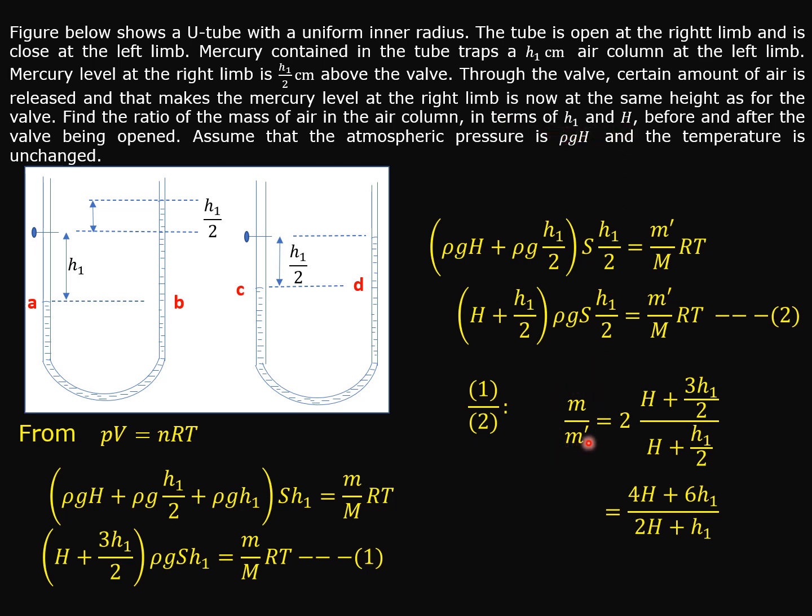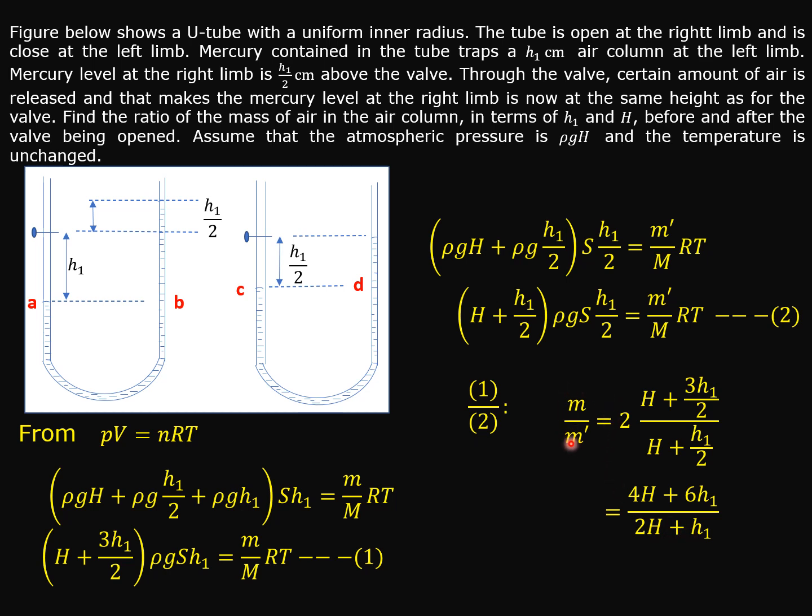The ratio of the mass of air in the air columns, m over m prime, in terms of H1 and H. Now if we look at this, we can see that the 4H, the first term in the numerator, is larger than 2H, the first term of the denominator. And for the second terms, 6H1 is also bigger than H1. So we know that this numerator is larger than this denominator.